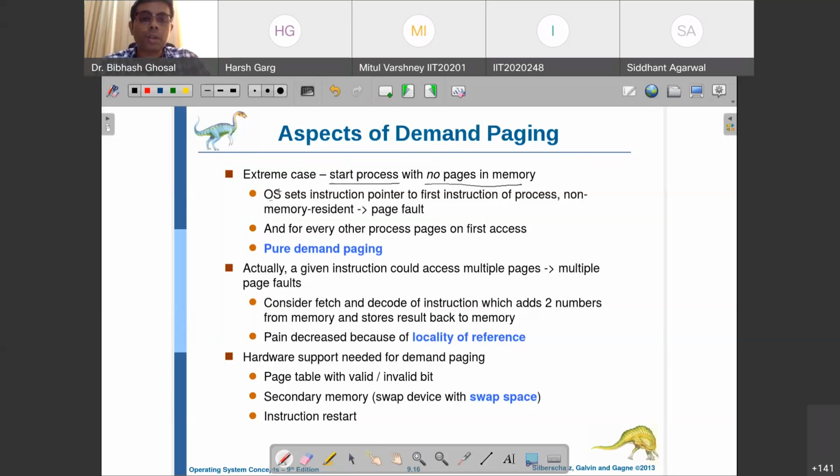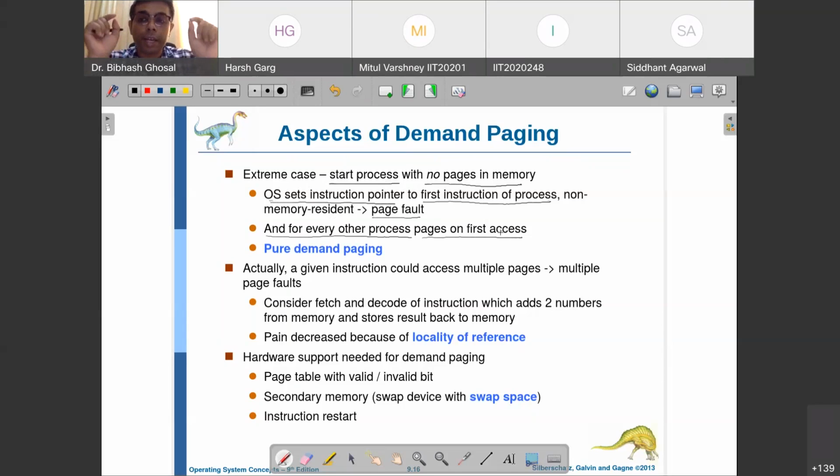The OS sets the instruction pointer to the first instruction of the process. Automatically, the first instruction is in page 1 and page 1 is not there, so you have a page fault. And the same goes for every other process's pages on first access.